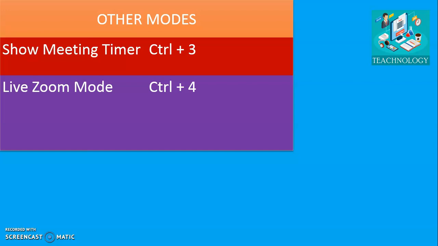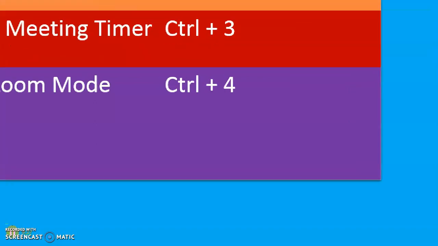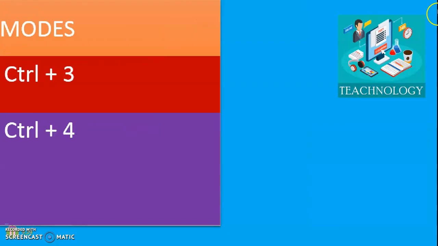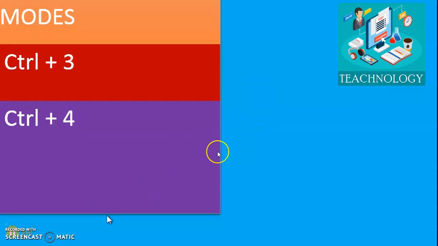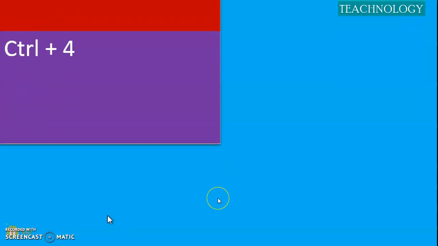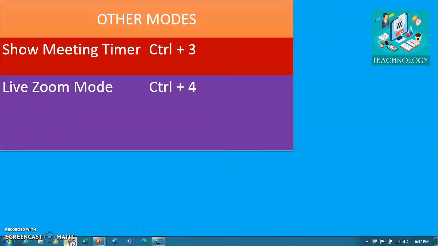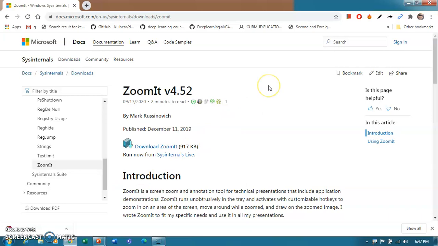Another most important feature of this application is live zoom mode. With live zoom mode, you can interact with the application while being zoomed in. I'll open another window and I'll show you. See, I have opened the window.